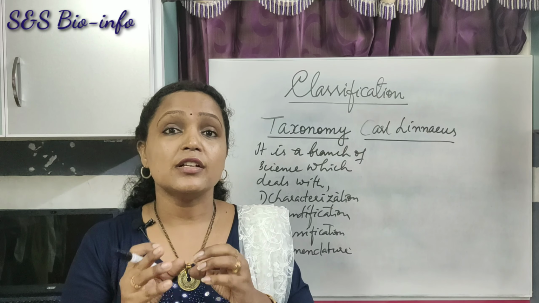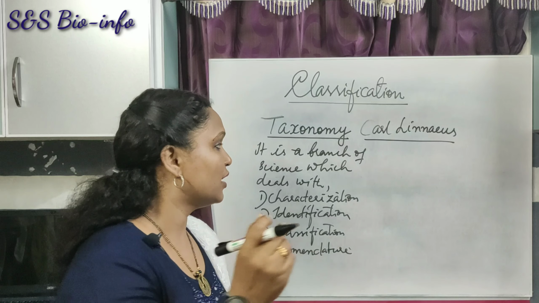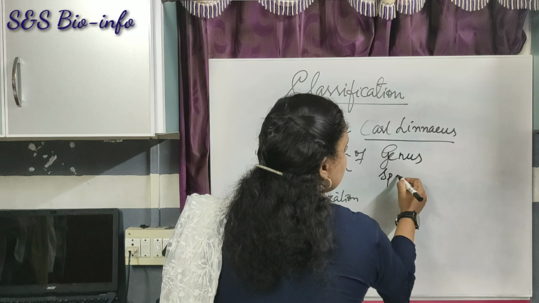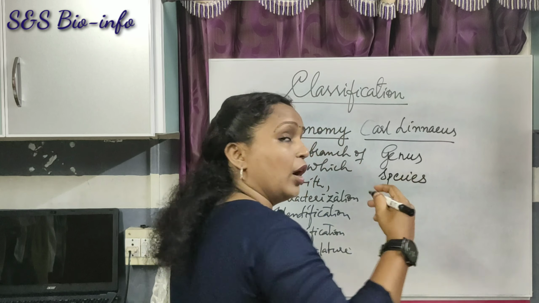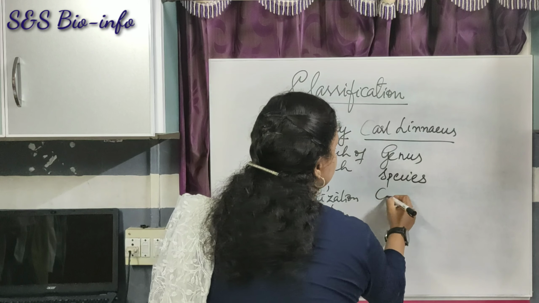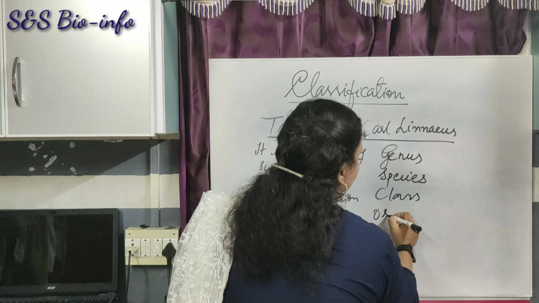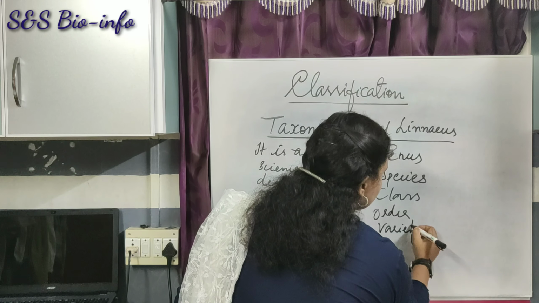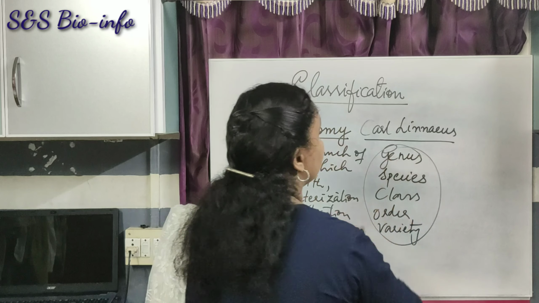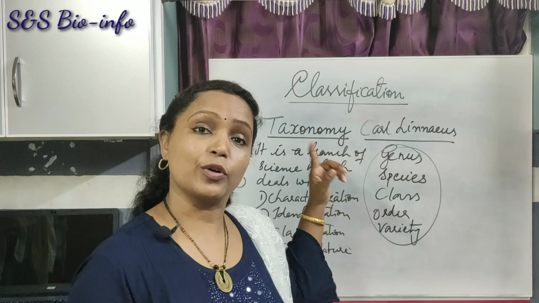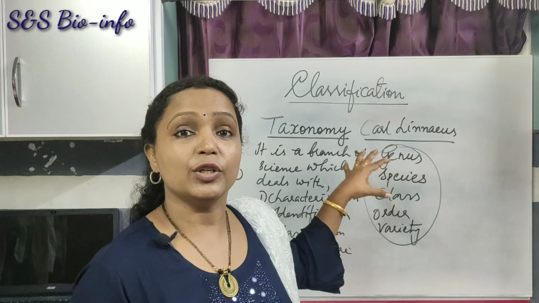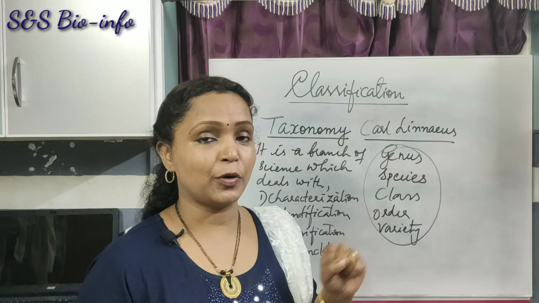He could give some terms like genus, species, class, order, and variety. These were the terms proposed or contributed by Carl Linnaeus. These have been used for the classification process.